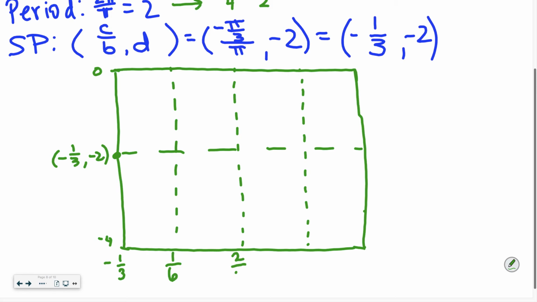We'll probably call it 2/3. And then we're going to add 1/2 again. Seven-sixths. And then we're going to add 1/2 again, which would be 10/6 or 5/3.